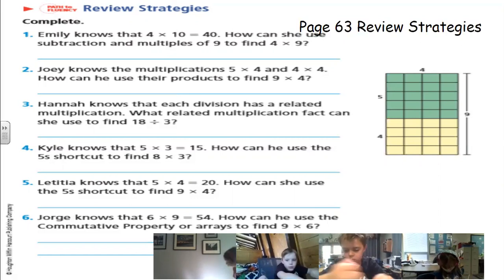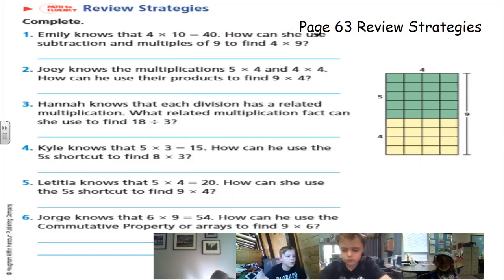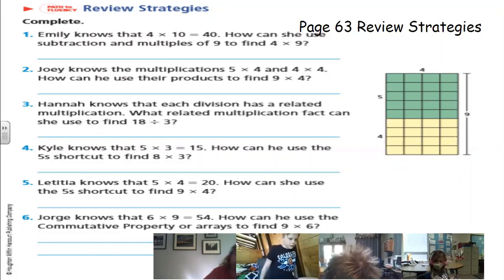If you know 4 times 10 is 40, can you use that information to figure out what 4 times 9 is? I'll give you a little wait time. This is a thinker.